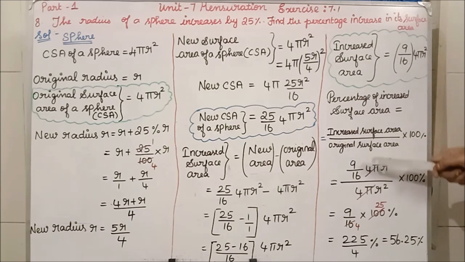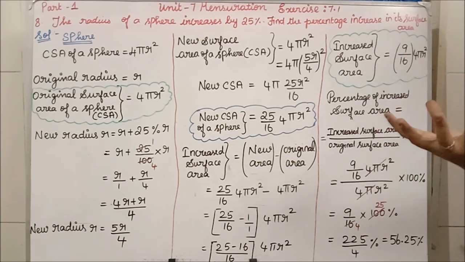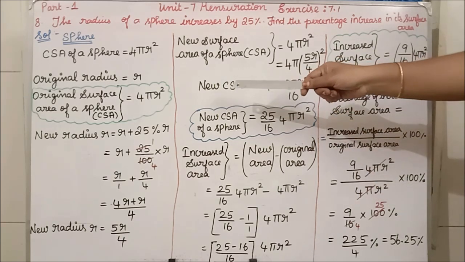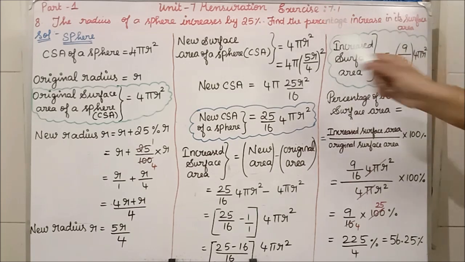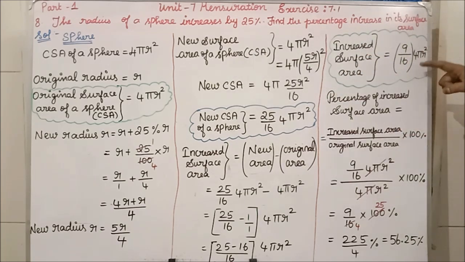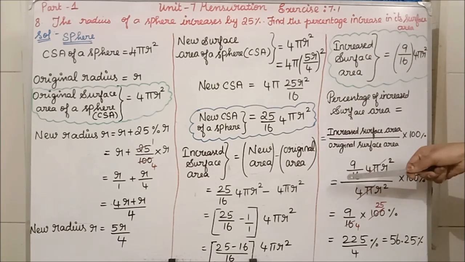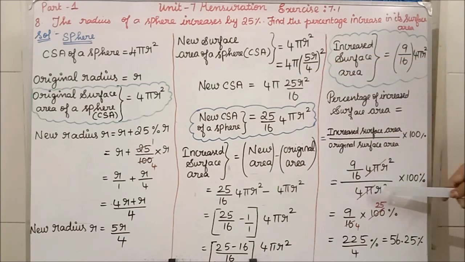Original surface area, before the radius was increased, is 4 pi r square. See, I have circled both values, and I am dividing them: 9 by 16, 4 pi r square divided by 4 pi r square into 100%.